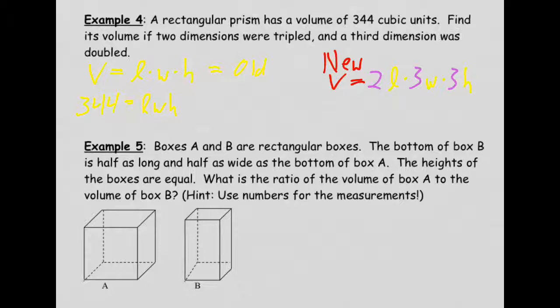And so the volume of the new is going to equal 2 times 3 times 3 times L times W times H. You guys see where I got that? I'm just mixing up the numbers. I'm still multiplying them all together, I'm just rearranging them.